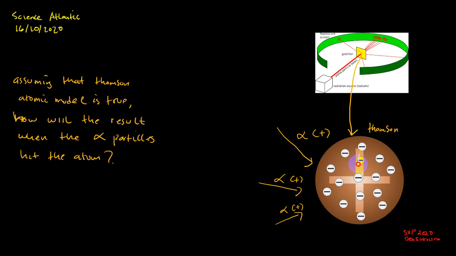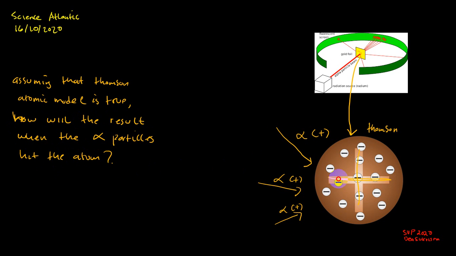Remember, this is positive, this one is a super big positive, and the alpha particle is also positive. I'm giving you a hint here. Remember Thomson said that the atom overall, the big one, is positive, and there are negatively charged electrons all over it. So imagine the alpha particle is positive, hitting this positive body of the atom. What do you think will be the result?